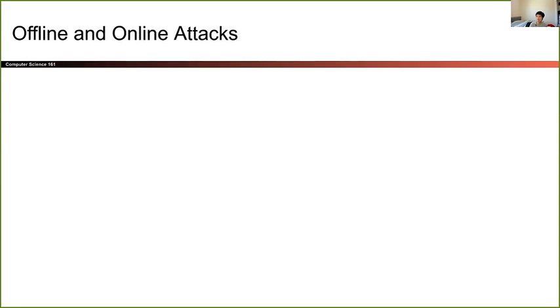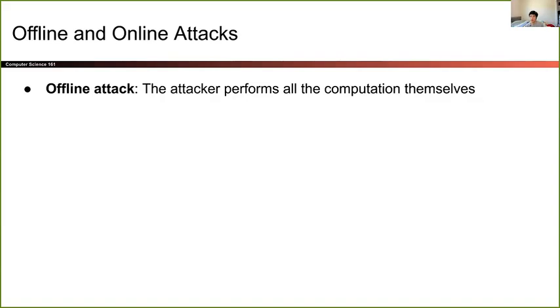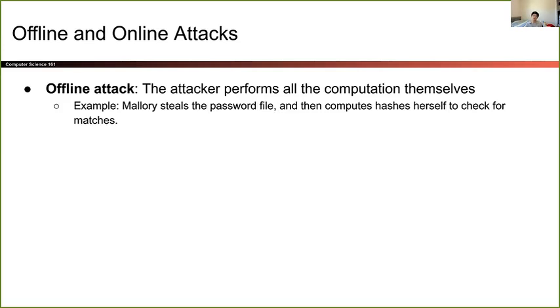All right. When we're dealing with password hashing, normally we're dealing with two broad classes of attacks. The first class is offline attacks. So the attacker is able to perform all of the computation themselves. If Mallory steals the password file from a server somewhere, then she can just go through and compute as many hashes as she wants.